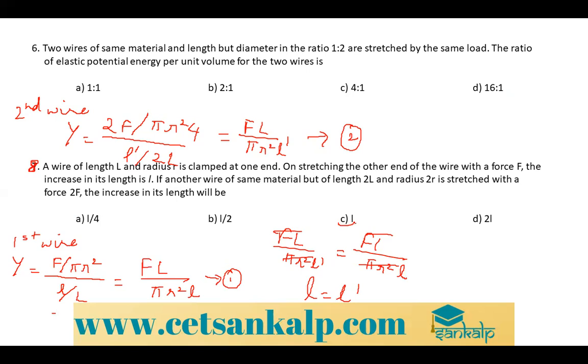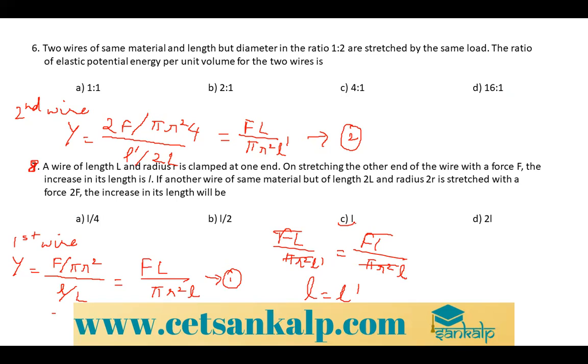Okay, so I'll tell once again, you have 2 wires. The first wire has Young's modulus FL divided by pi r square L. Next, for the second wire, the force, length and radius are all doubled.